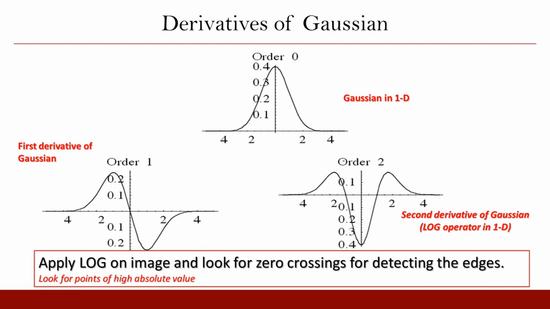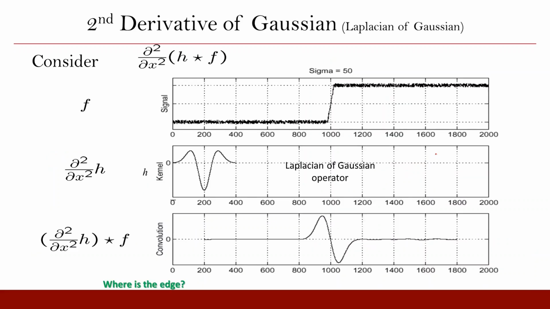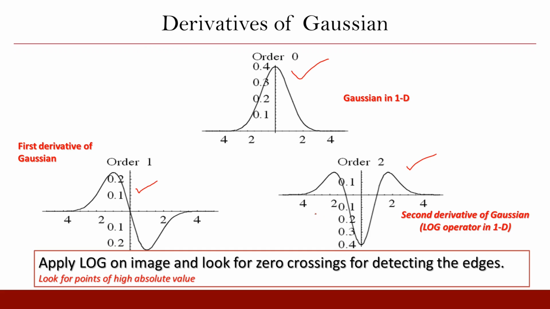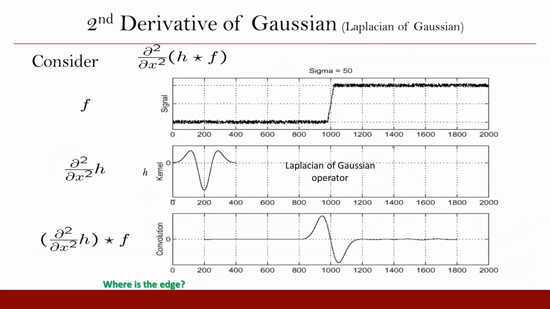If you just see how the operator will look in case of 1D, we are seeing this here. This is the Gaussian function. When you take its first derivative, it looks like this. When you take the second derivative, it looks like this. So edge detection is nothing but applying this operator on the image. Now let us consider the case of 1D, and this can be extended to the 2D case. This is your given function f.